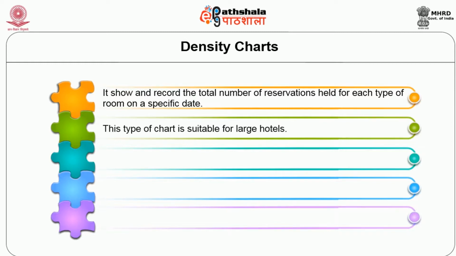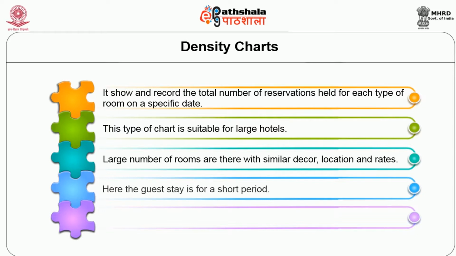This type of chart is suitable for larger hotels where a large number of rooms have similar decor, location, features and rates. Here the guest stay is for a shorter period. This chart needs quicker handling of a larger number of bookings, so it is best suited for larger hotels.